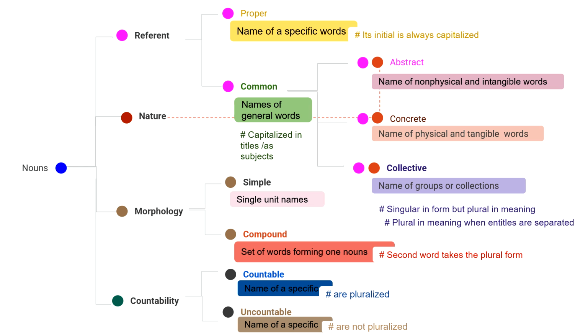Now that you understand what nouns refer to, let us move on to their classification. Technically, nouns have overlapping features even though they belong to different categories.